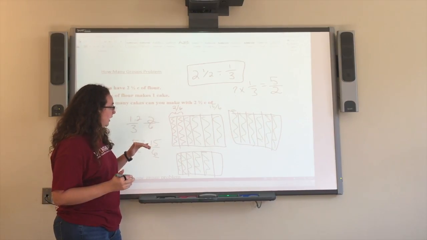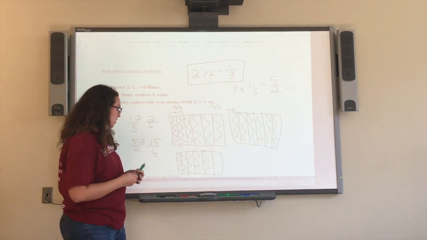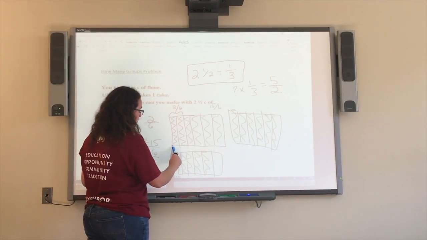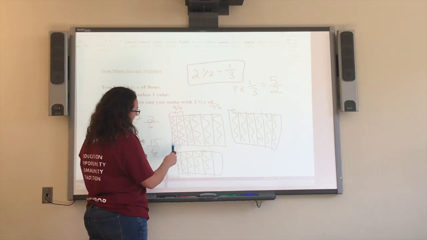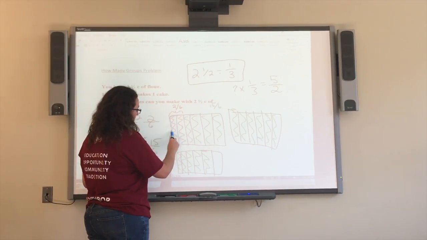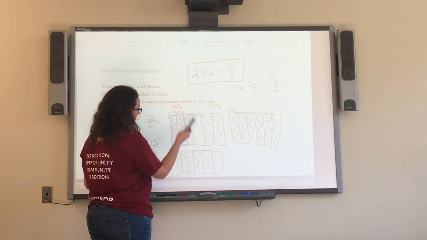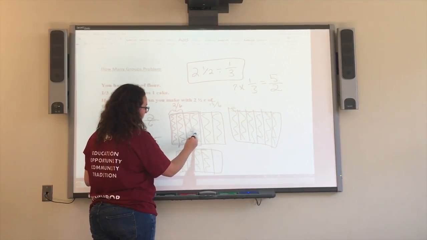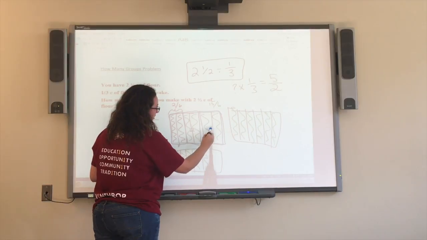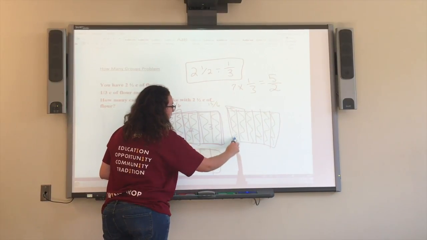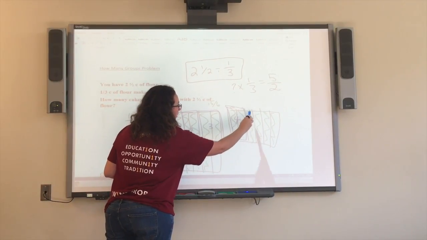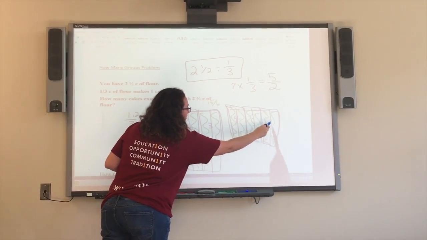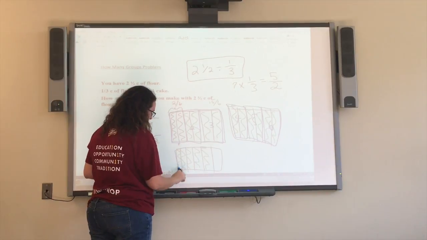So in order to find the answer, we're going to interpret our picture. We're going to count 2 pieces here as 1. We have 1, and then 2, and then 3. We're going to go over here and we'll do 4, 5, 6, and 7 here.